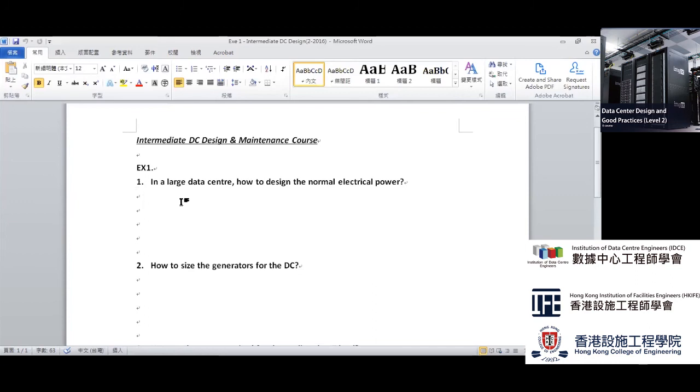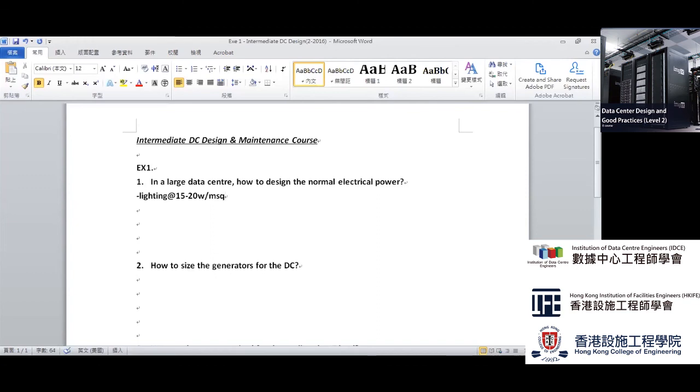So you have to think about the lighting, about say 15 to 20 watts per meter square, right?